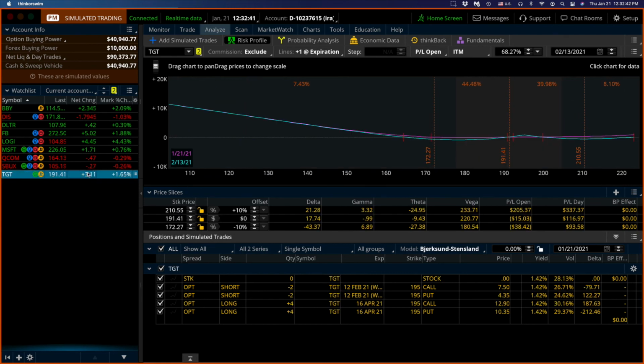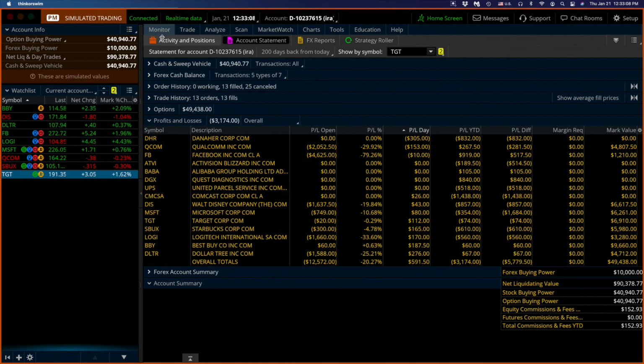And then Target. I don't want to do anything on this position. You can see the deltas are 17, very close to neutrality. We're in the middle there, and the shorts expire way back in February, so there's plenty of time before that. That's about it. Let's make sure we got all our trades filled.